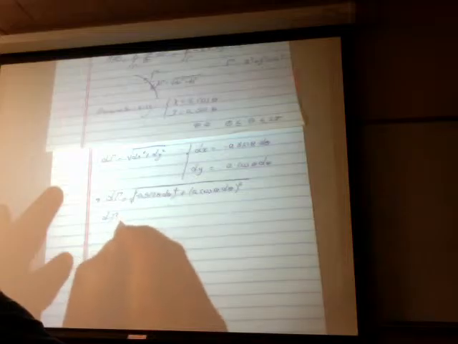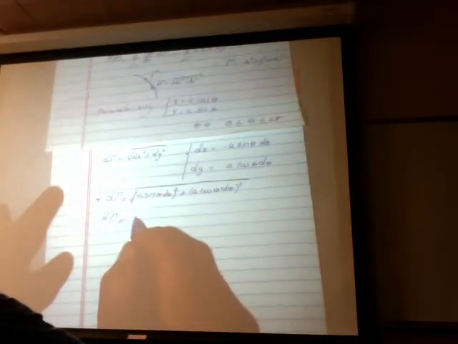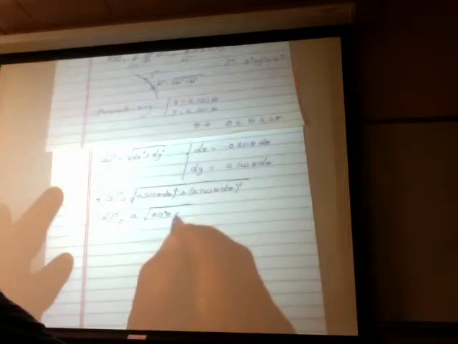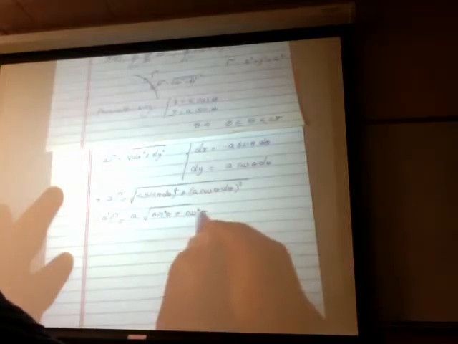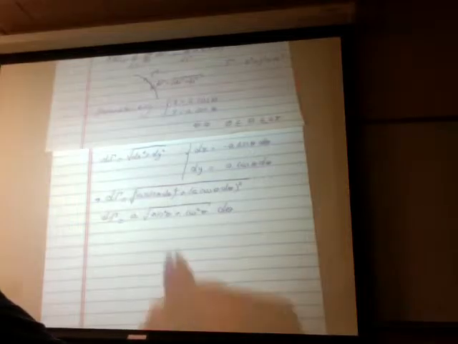So d gamma is equal to, I'm going to get an a squared that comes out as a common factor, that's an a. I'm going to get sine squared of theta plus cosine squared of theta, and a d theta that can come out as a common factor. And this is 1.